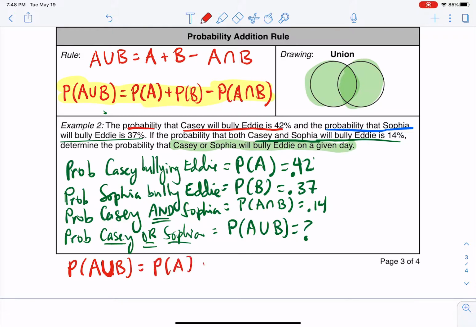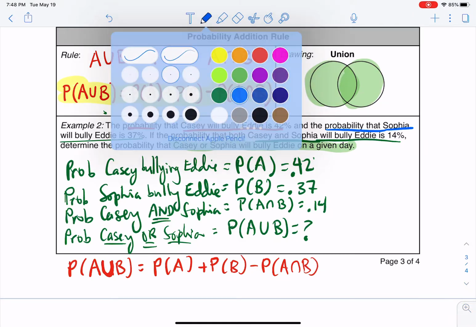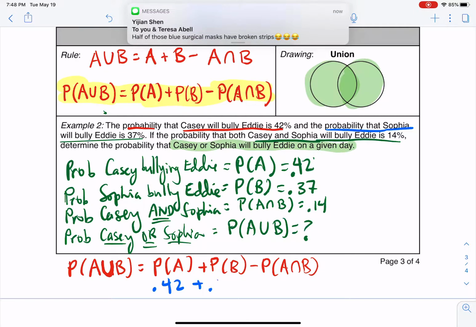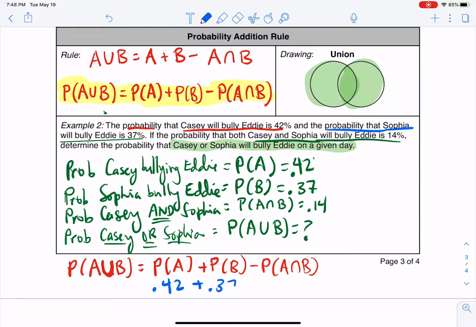So probability of A plus probability of B minus the probability of A and B. First of all, probability of A, we know that's 0.42. Probability of B is 0.37. And we're subtracting from that the probability of A and B, which is 0.14. And that's going to be equal to the probability of A or B.